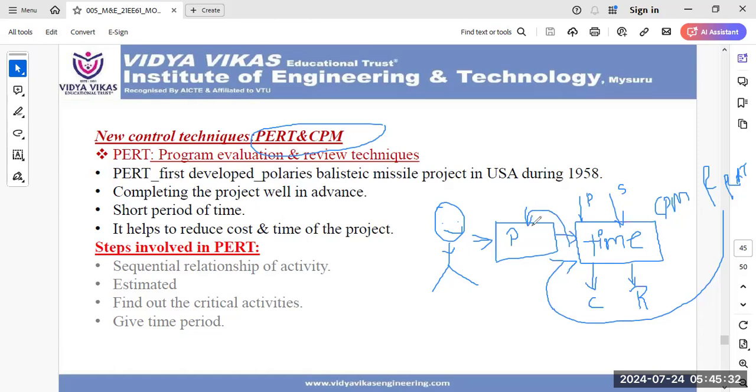This is the whole idea about CPM and PERT. I hope all of you understand. To identify the amount of time required, we use both techniques.